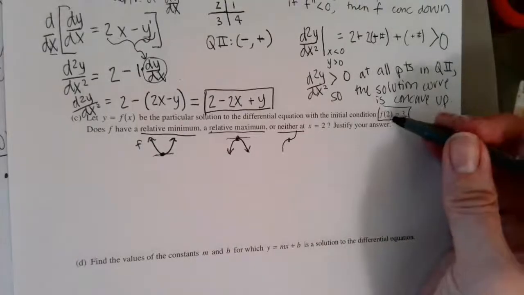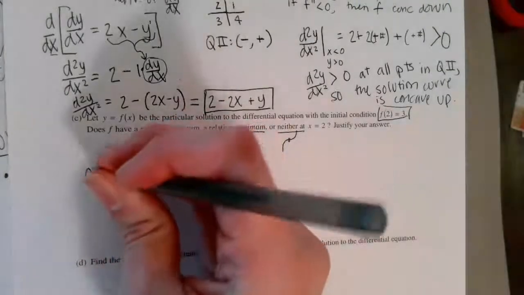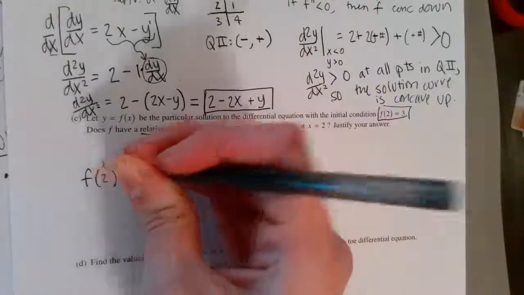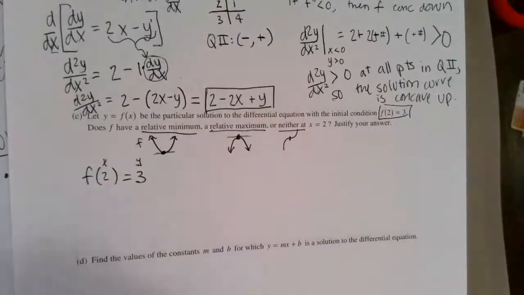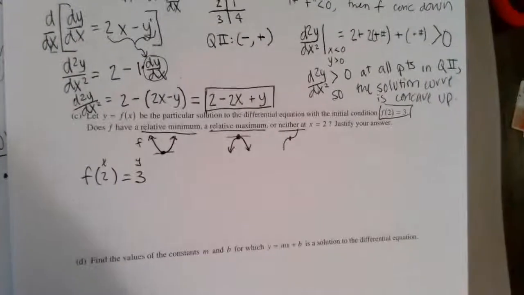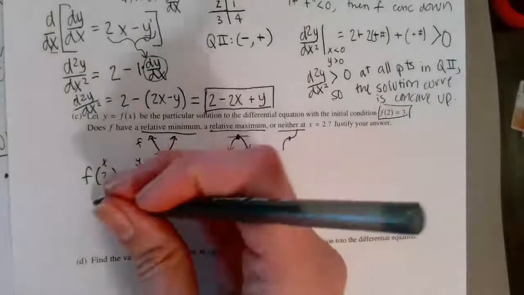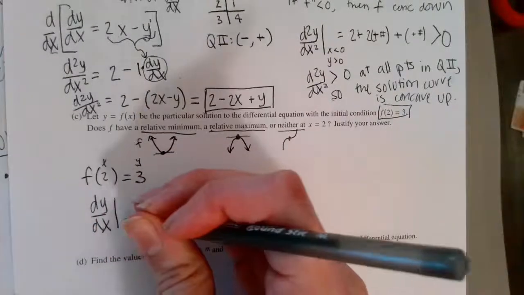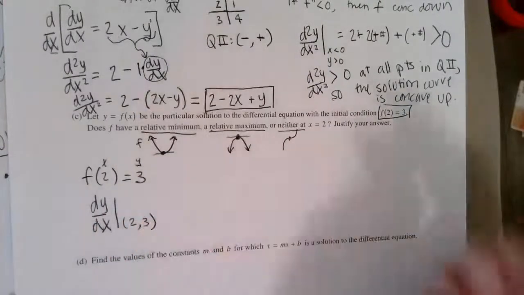So what I'm going to do is take the coordinate pair 2, 3, where 2 is x and 3 is y, and plug it in to dy dx. So I'm going to do dy dx evaluated at 2, 3.